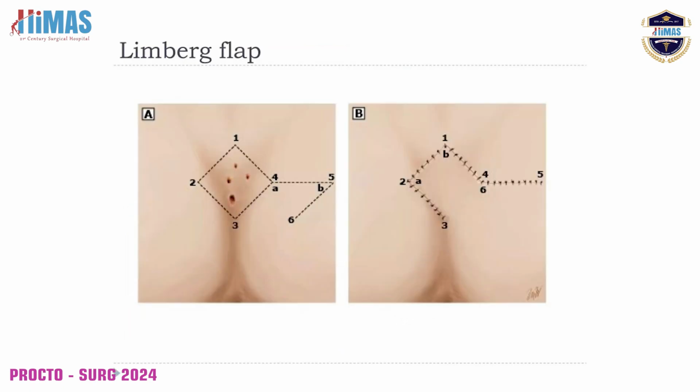The last, which is more widely used, is called the Limberg flap. Limberg flap involves an excision of a rhomboid shaped pilonidal sinus, excision along till the presacral fascia, and once it is done, a lateral flap is mobilized and placed into the area.